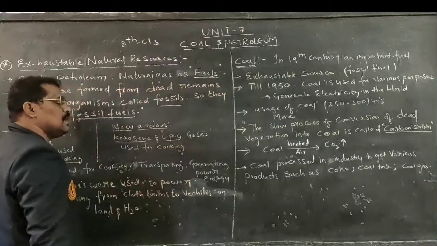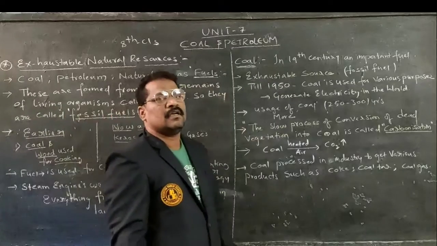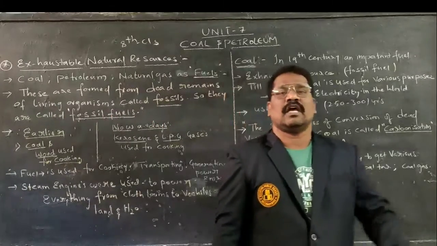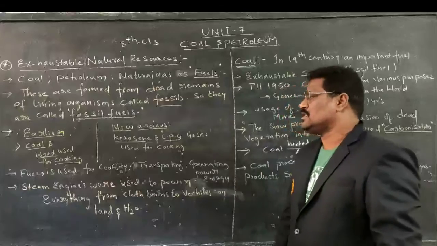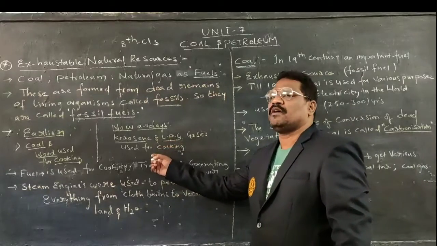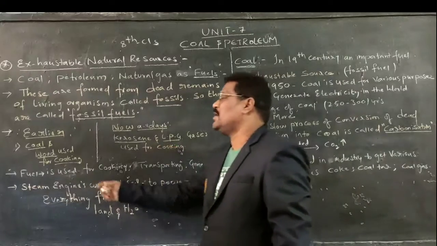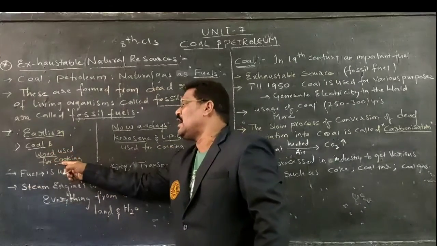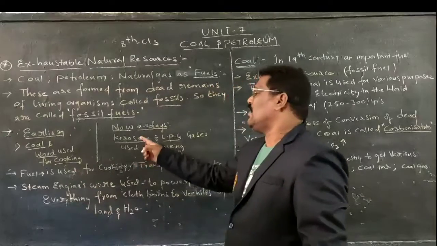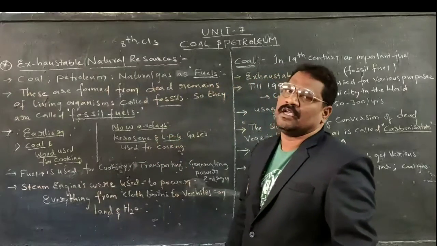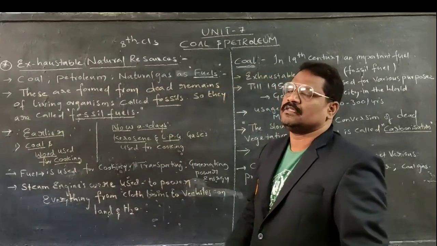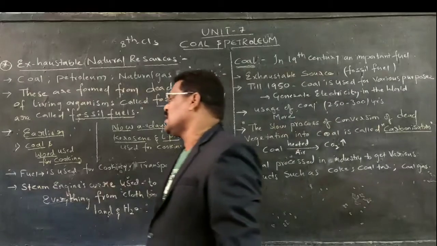Butane gas is used as a fuel for cooking. So earlier, coal and wood were used for cooking; nowadays, kerosene and LPG, liquid petroleum gas, are used.